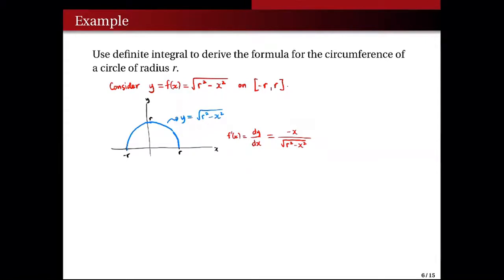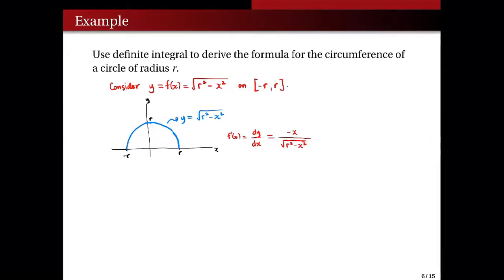Be sure to apply your chain rule. You might be wondering, sir, there should be a 2 here. But take note, if you apply the chain rule, you will have negative 2x, and the 2 coming from here will cancel the 2 on the denominator. That's why you will only get this expression here.